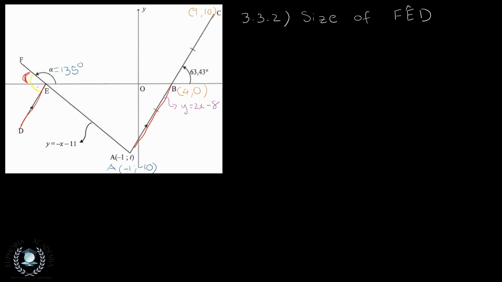Let me just draw this line so we can visualize what we see. We can see that that angle right there is going to be equal to that angle right there, and that will be because of corresponding angles.